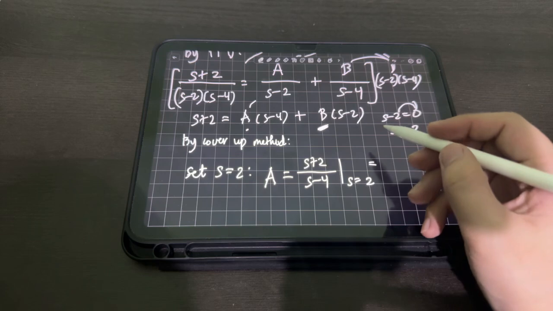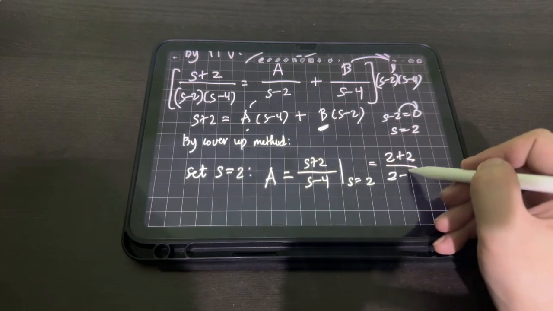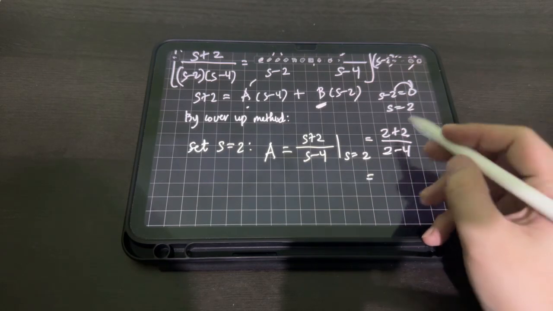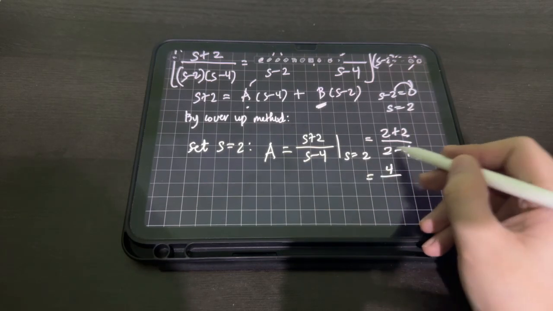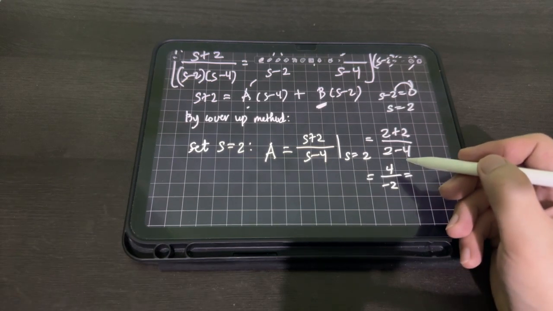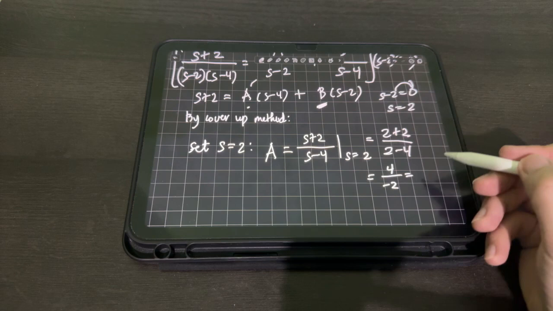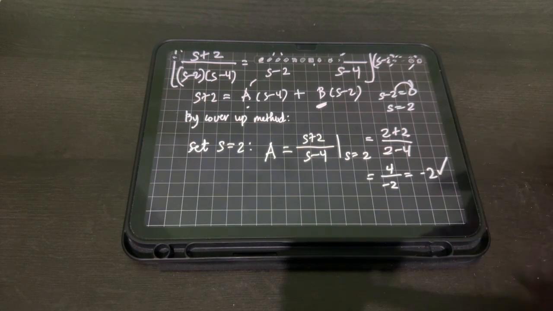So doing that, we will have 2 plus 2 over 2 minus 4. Or 2 plus 2 is 4 over 2 minus 4, negative 2. 4 divided by negative 2 is negative 2. Okay.